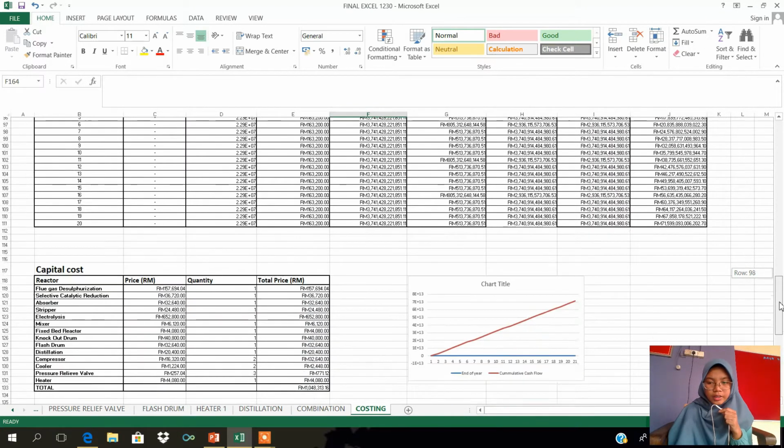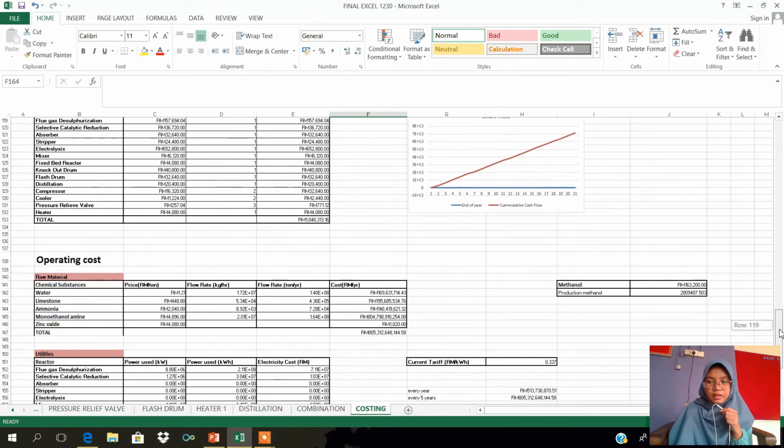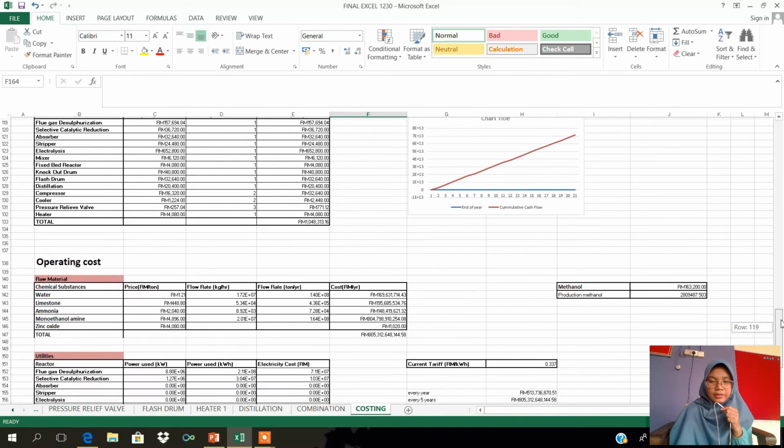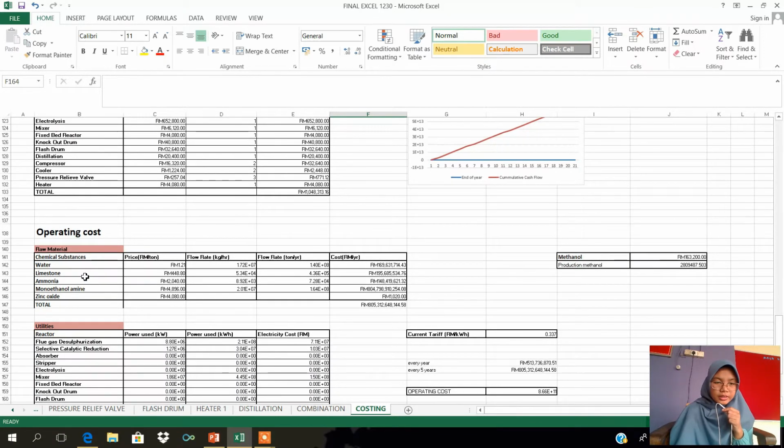It's quite high because we don't buy the flue gas, and our price for methanol is 163,200 ringgit Malaysia. And for the raw materials, the ammonia and the zinc oxide are added every 5 years.